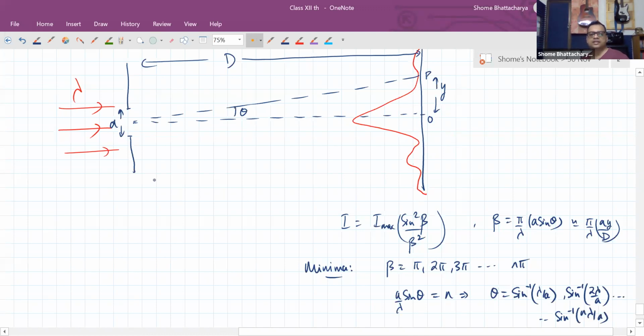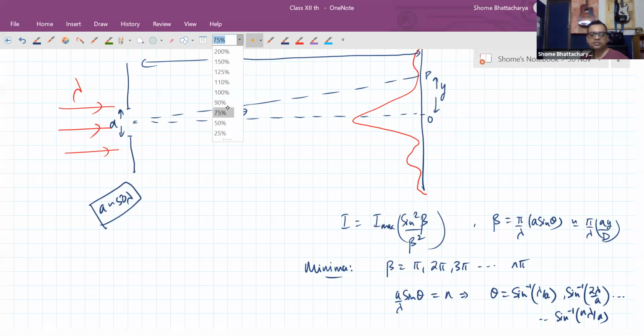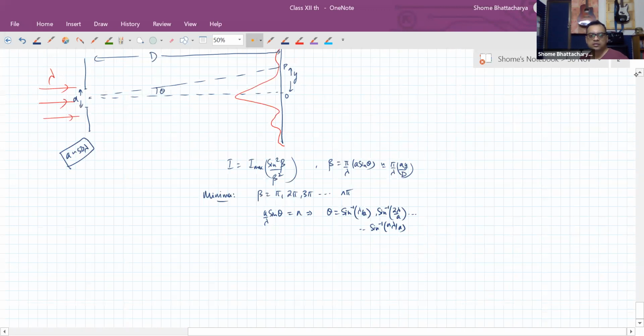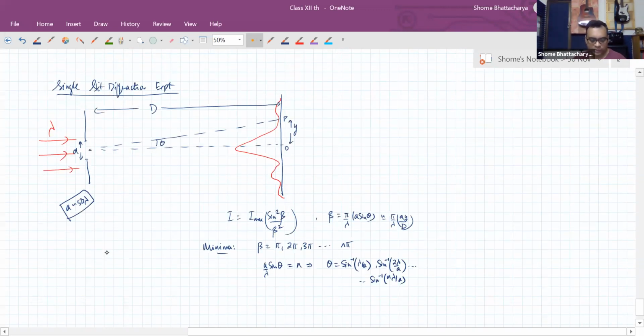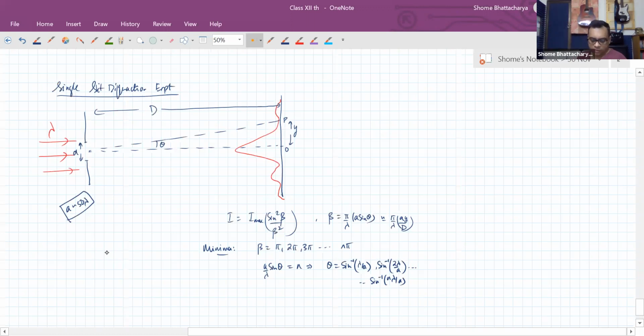And remember, for a standard single slit experiment, a is typically of the order of 50 lambda. So a bit wider compared to the YDSE setup, but still a very narrow slit width. Nothing like a micrometer or anything like that. So this was the standard single slit experiment.